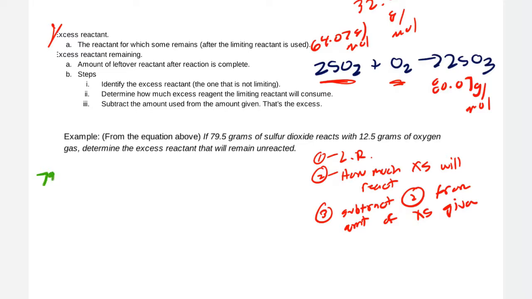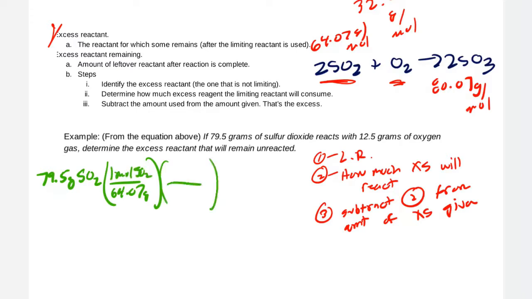First thing I want to do is figure out what my limiting reactant is. So 79.5 grams SO2. Let's convert that to moles. I get the molar mass ahead of time. So SO2 is 64.07 grams per 1 mole. And then for every 2 moles of sulfur dioxide, we get 2 moles of SO3.